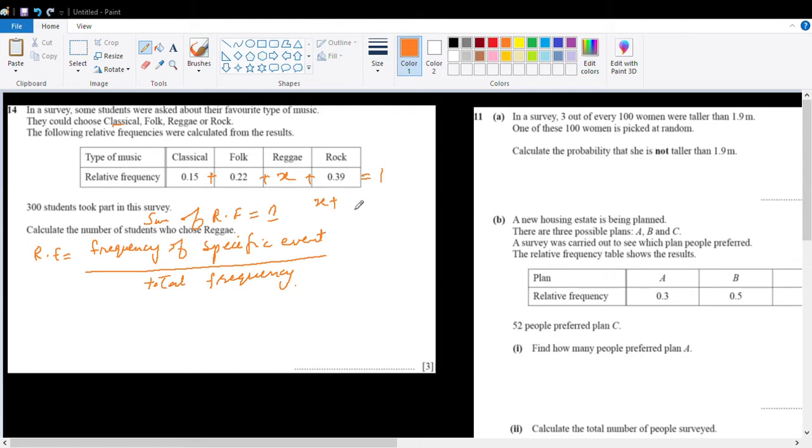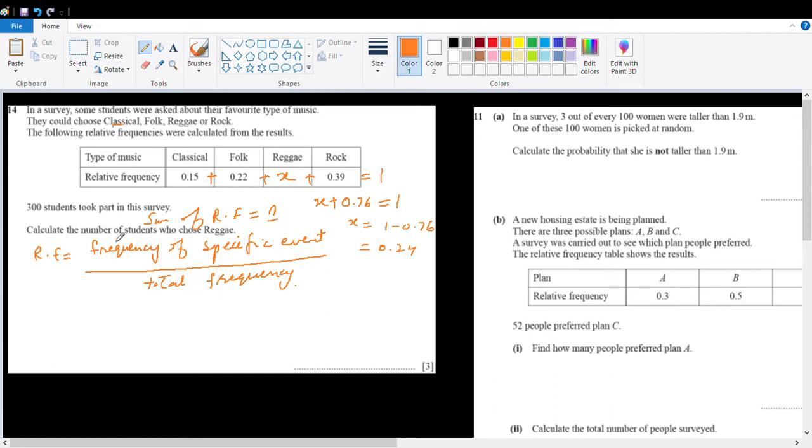So x plus 0.76 is equal to 1, and x is equal to 1 minus 0.76, that is equal to 0.24. So the relative frequency for reggae is 0.24.